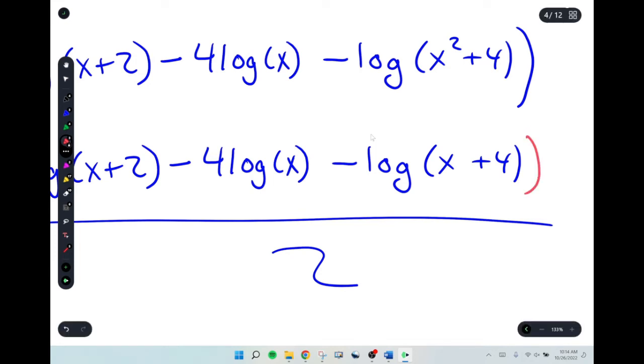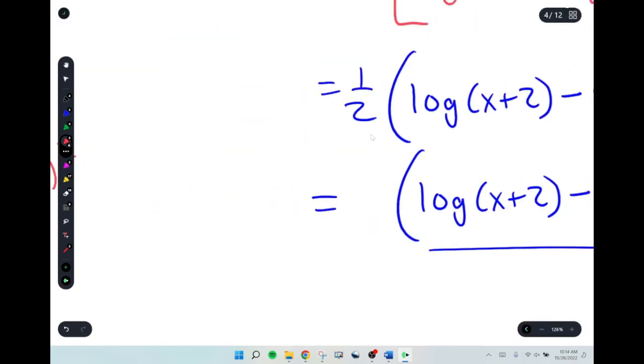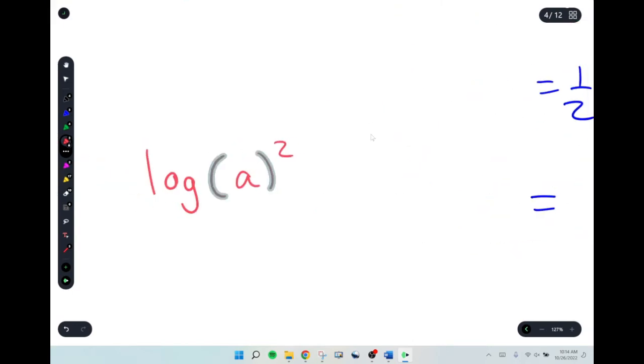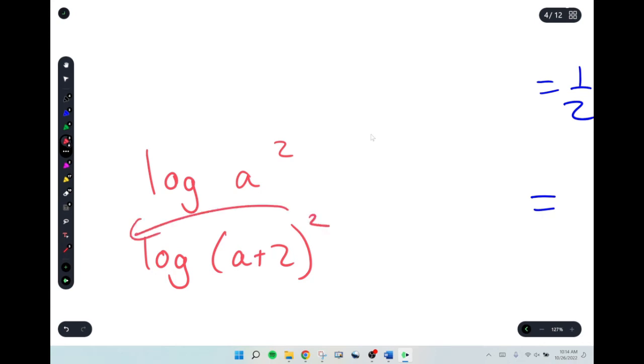Those are two different problems. The whole term is not squared, whether it's in parentheses or not. I can't apply this rule because the whole term is not squared. The whole term better be squared. We don't have a rule for log of a plus 2 or a squared. But by golly, if this was a plus 2 squared, we could take it out there.